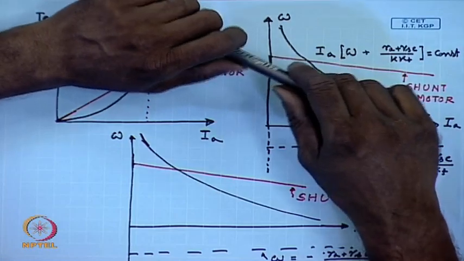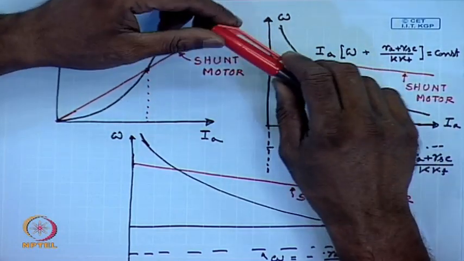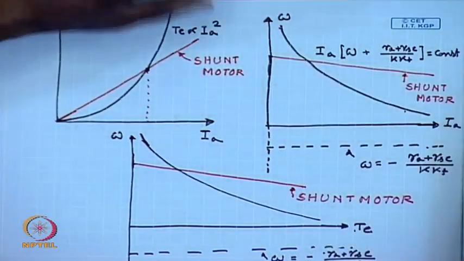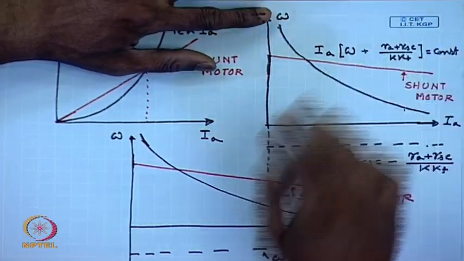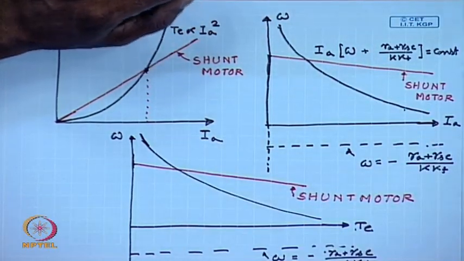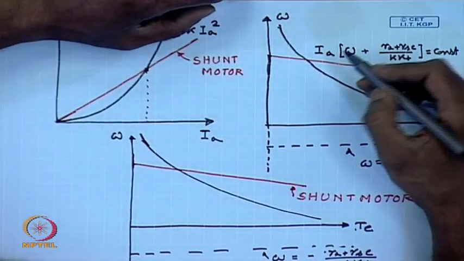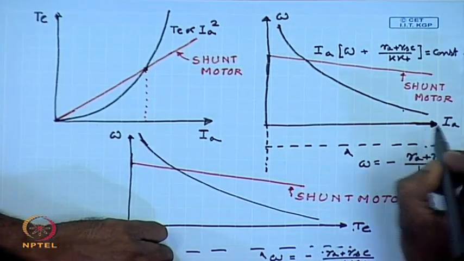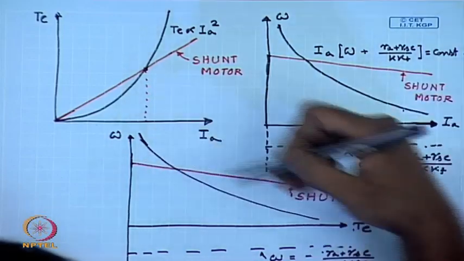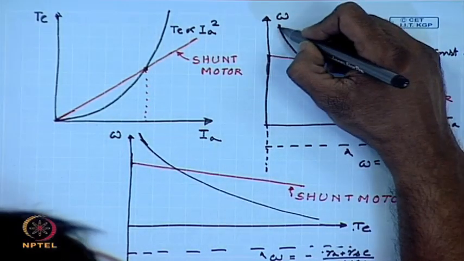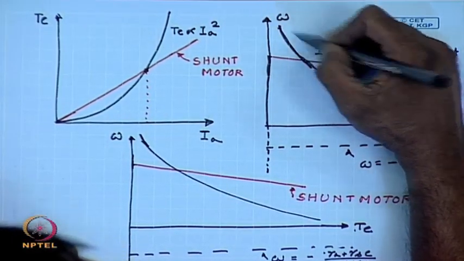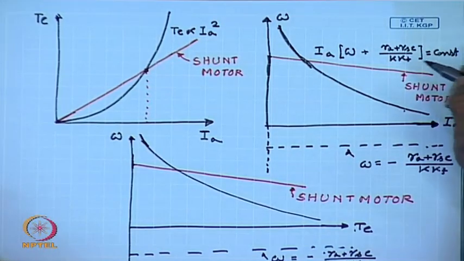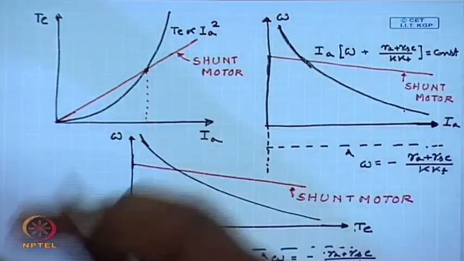There are several features to note in these idealized characteristics of the DC series motor. If we look at the speed current or speed torque characteristics, we find that the characteristics are asymptotic to I A equal to 0 or T E equal to 0 line.